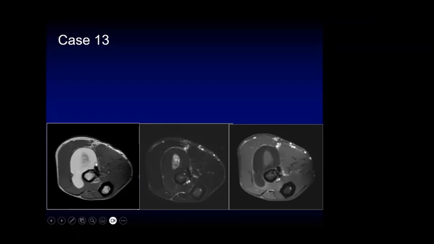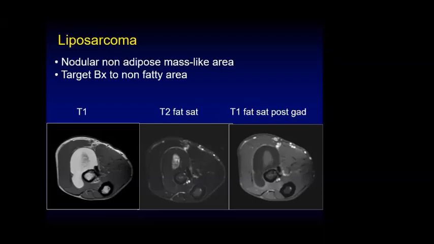All right. And then within it, there is a small nodule, which is not suppressing, and it's enhancing. This lesion does not homogeneously suppress and has enhancement. What do you think the diagnosis would be? Liposarcoma. Yeah, so this is a liposarcoma.